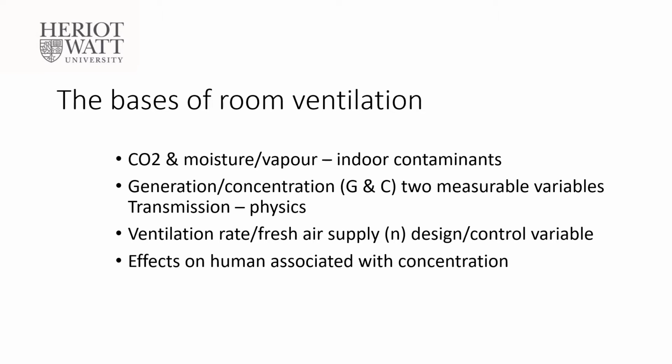One is the generation rate of those indoor contaminants, and the other is the concentration of these in an enclosed space. And then we can use this to study how they transmit from one place to another. To control these two variables, concentration or generation rate, can be done through either the number of occupants and/or ventilation, or fresh air supply.